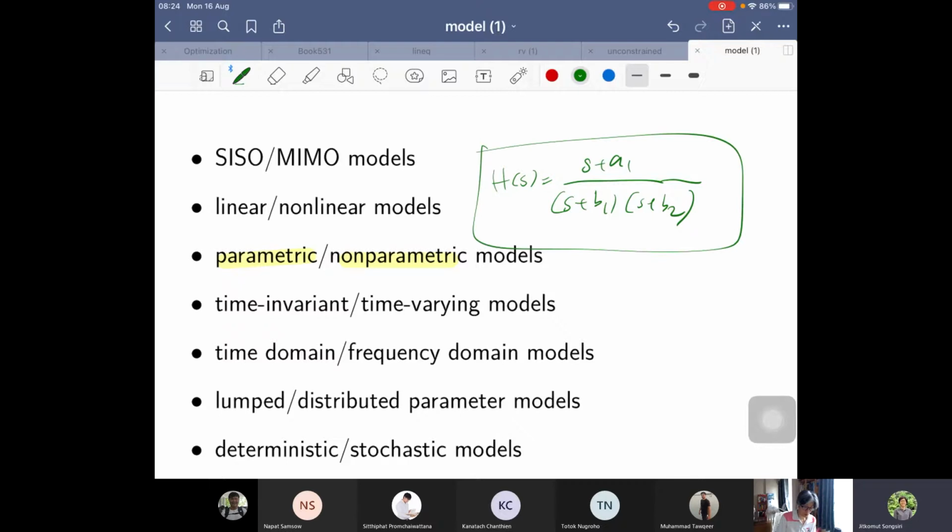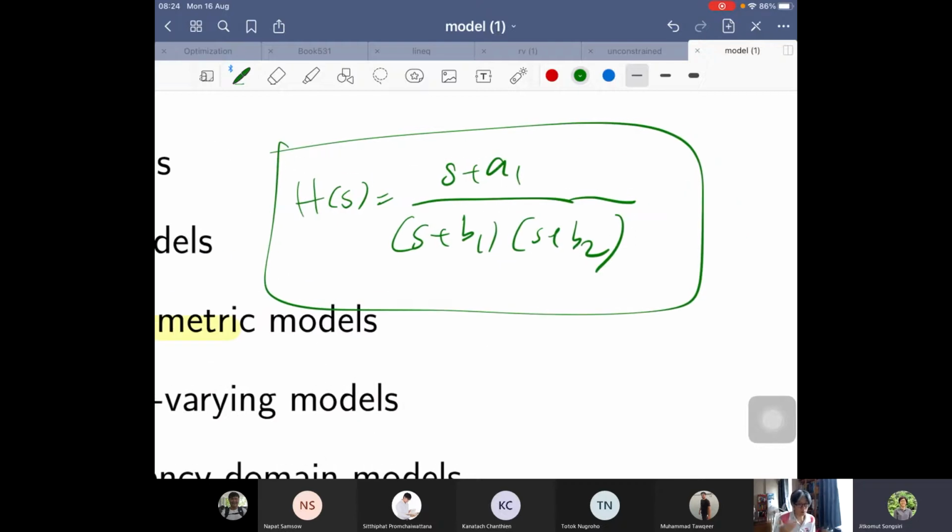In this model, you can specify that this is a second order transfer function, and I parameterize it in a way that everything in the class of second order models can be parameterized using this expression. As you change the values of these coefficients, you give different models in that class.